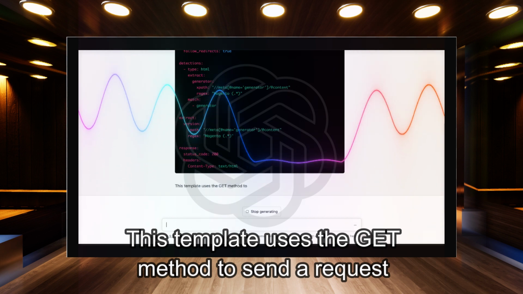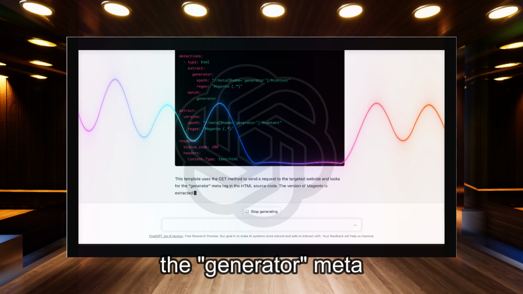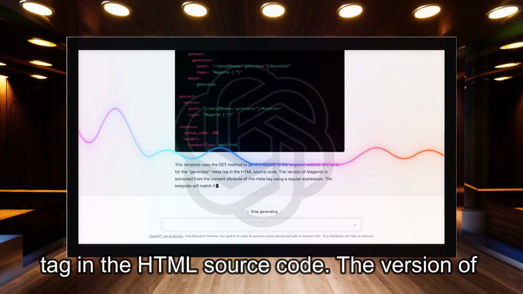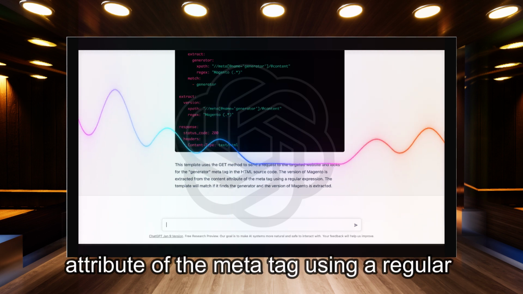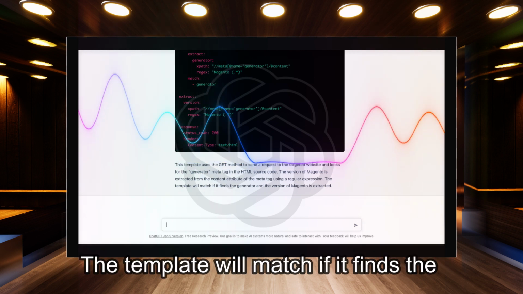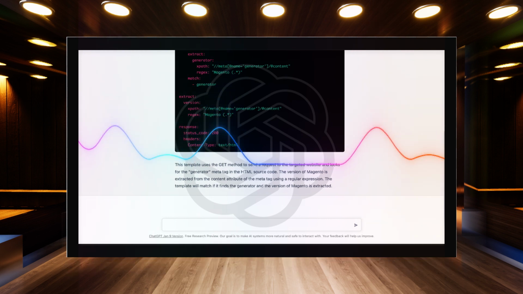This template uses the GET method to send a request to the targeted website and looks for the generator meta tag in the HTML source code. The version of Magento is extracted from the content attribute of the meta tag using a regular expression. The template will match if it finds the generator and the version of Magento is extracted.